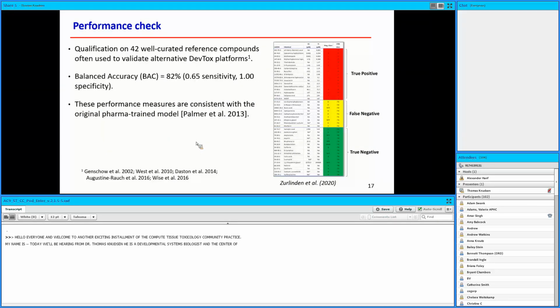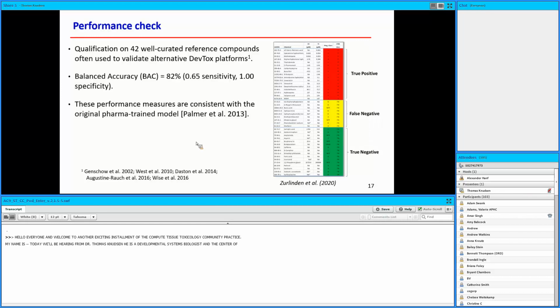Okay, so if we then go to the next step and ask the question, how do we determine the effectiveness of the prediction from the human embryonic stem cell biomarker? Within our ToxCast data set, we have 42 compounds that are fairly well curated developmental tox reference compounds, and these compounds are often used to validate alternative platforms for developmental toxicity testing.